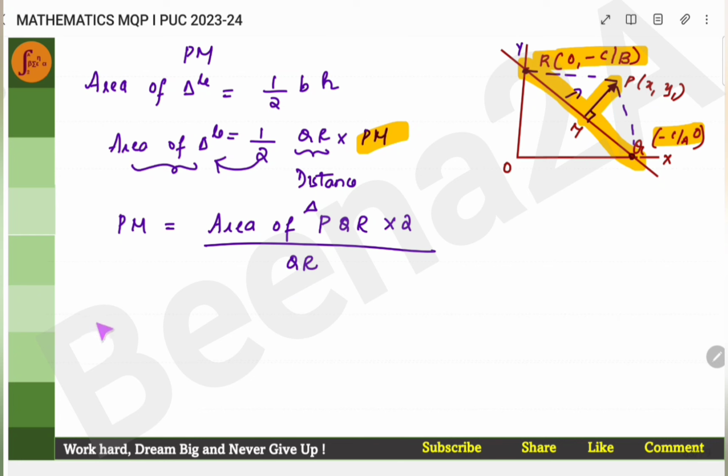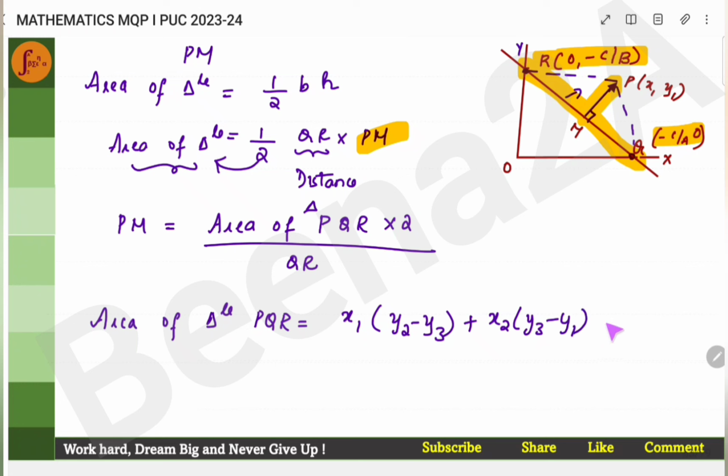Now we'll have to find the area of the triangle. There is a formula to find the area of a triangle. What is it? It is x1 into (y2 minus y3) plus x2 into (y3 minus y1) plus x3 into (y1 minus y2). We know these coordinates, the Q, R coordinates and the P coordinates.